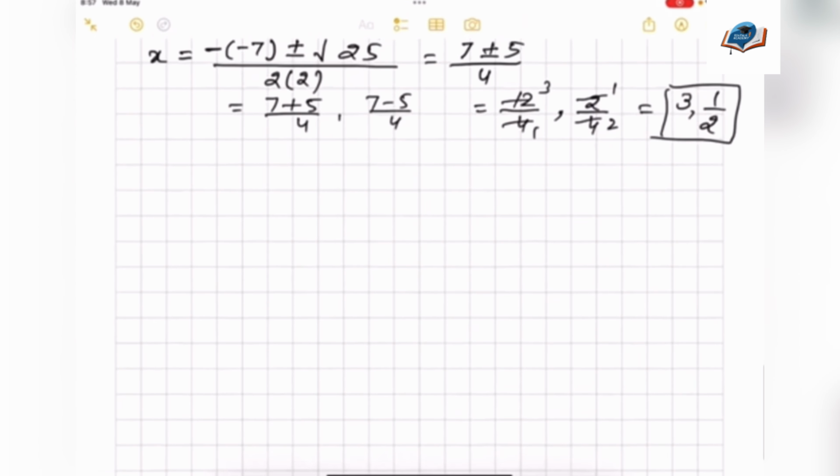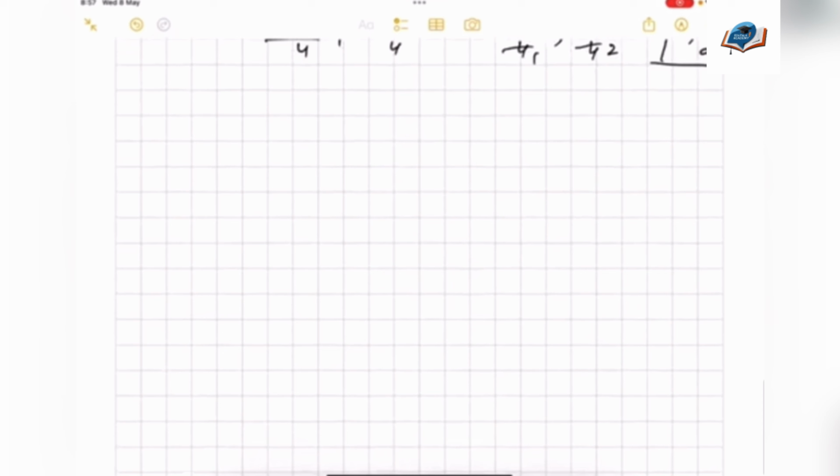Now one more sum I am taking of the same method, 4x square plus 4 root 3x plus 3 equal to 0.